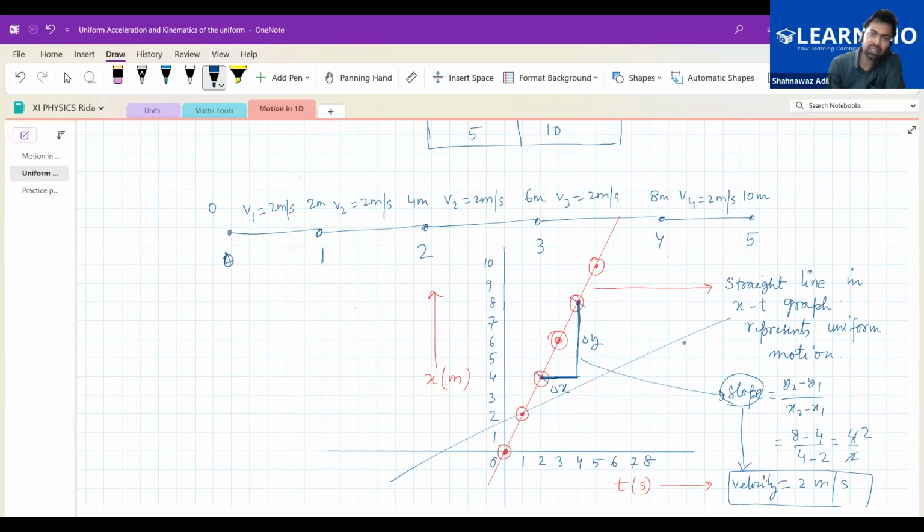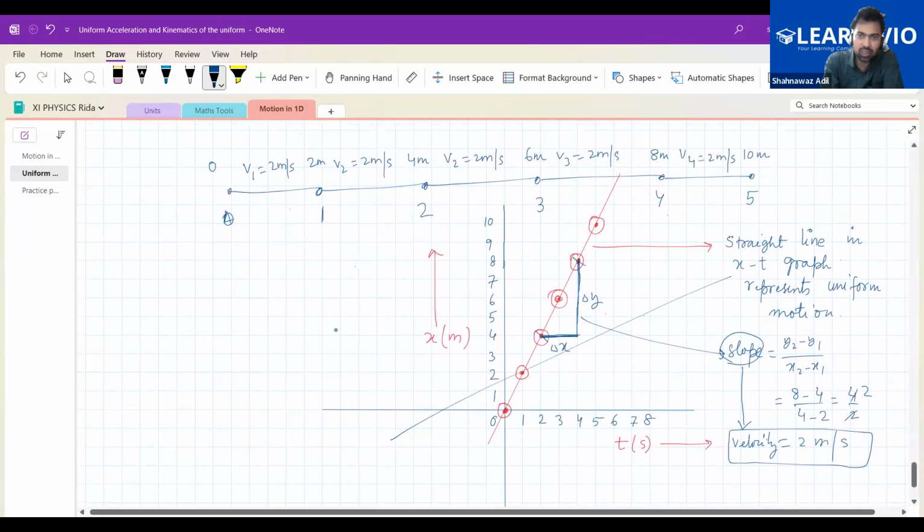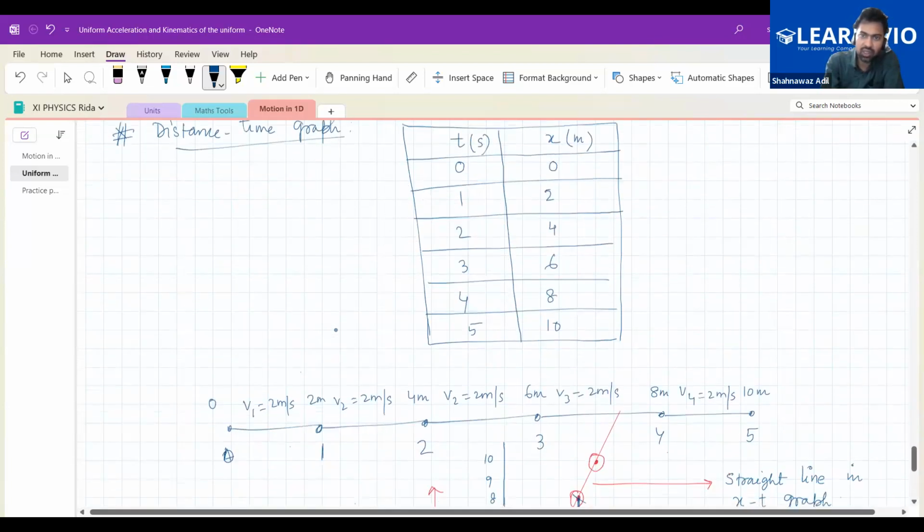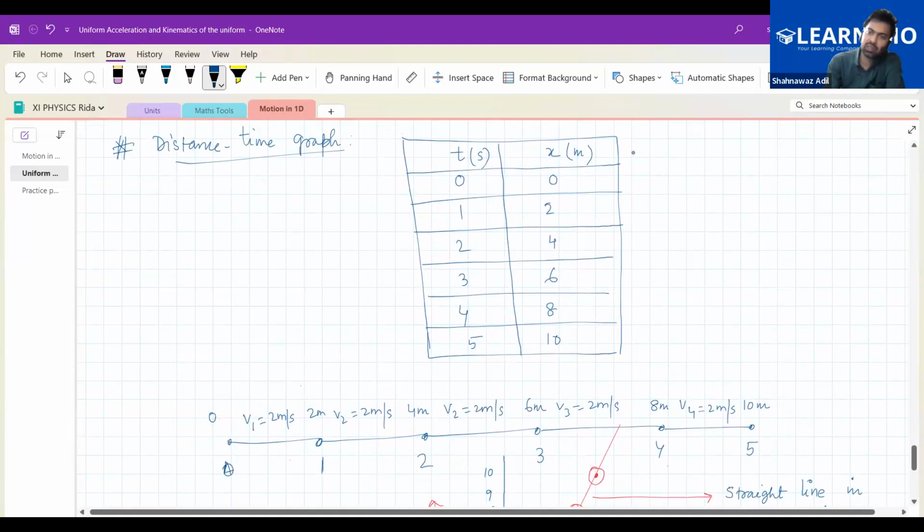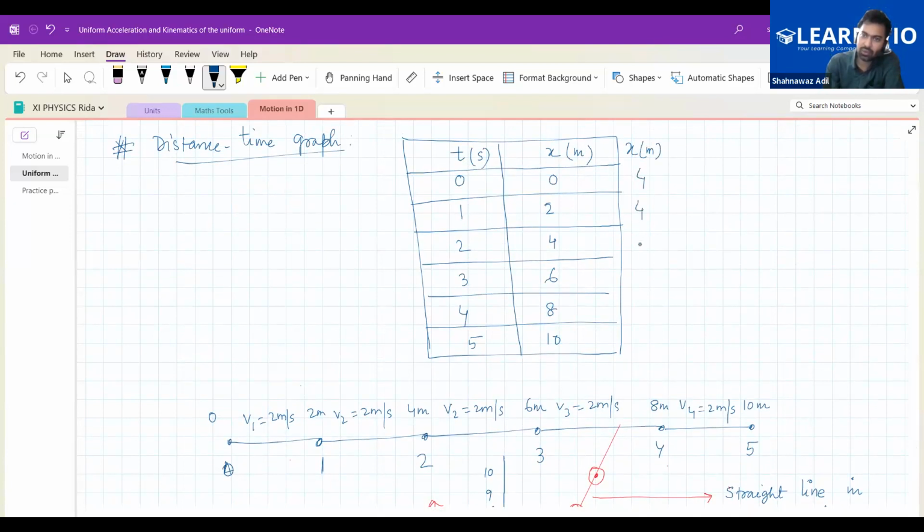Okay, now let's say I have another data point. I have x again, this is new data, and the values are 4, 4, 4, 4, 4, 4. So what kind of thing is this?